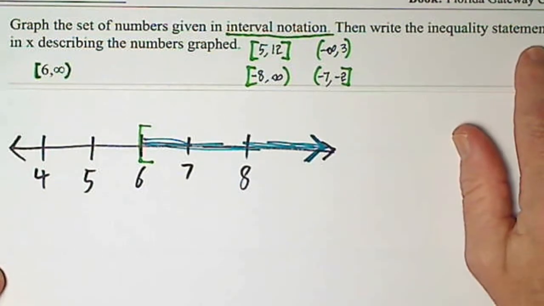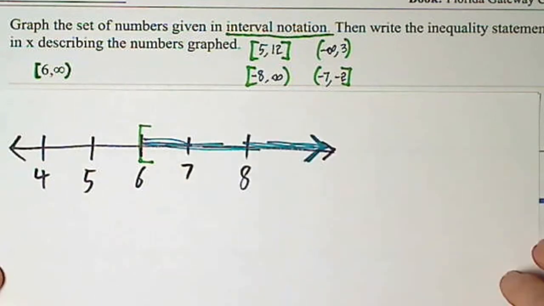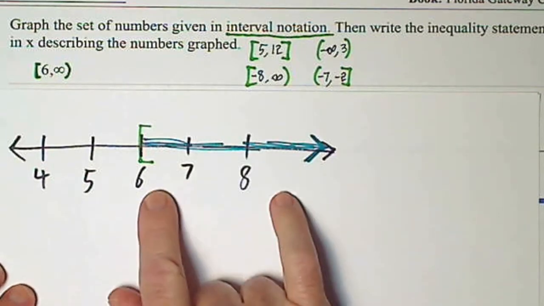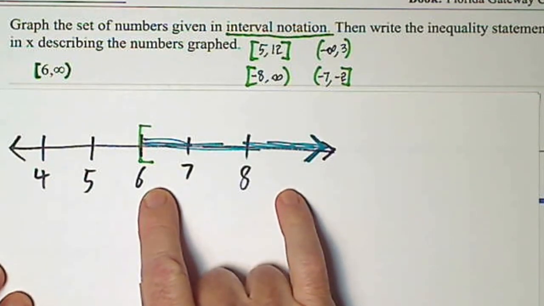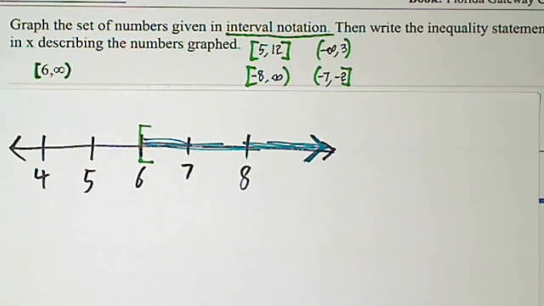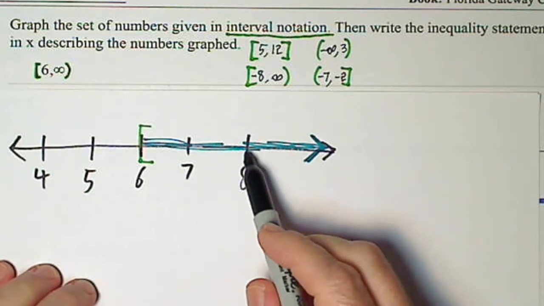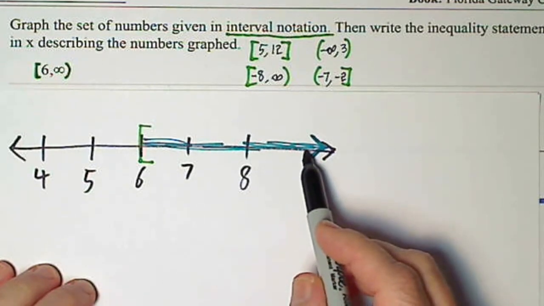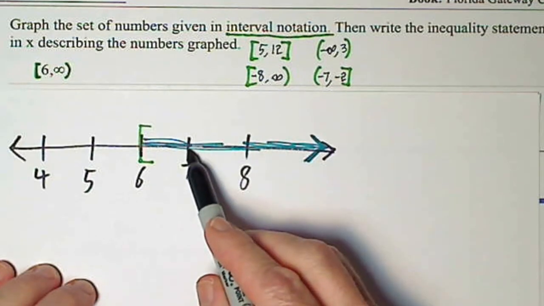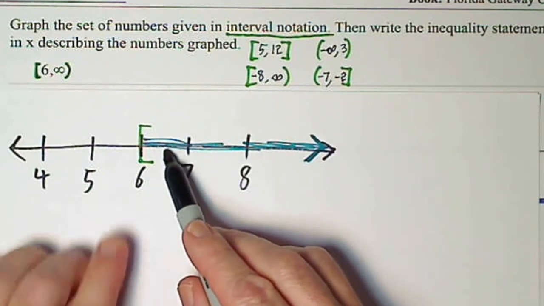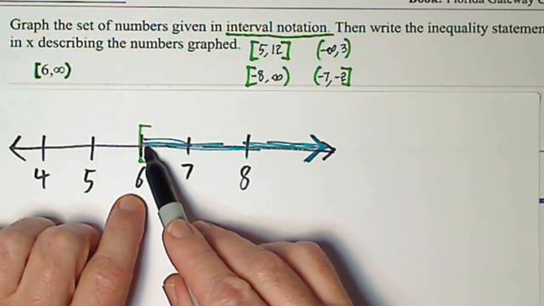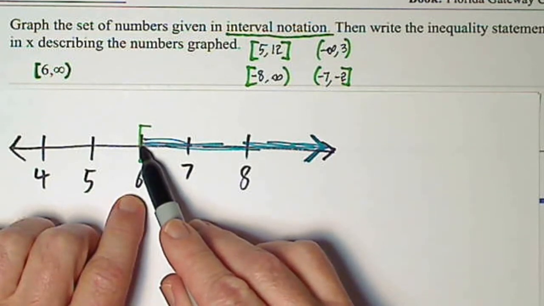Then write the inequality statement in X. If you already have this, this might be a good step here, because it might be a little easier to understand what values X can be. X could be 8, X could be 500, X could be 7, it could be 6.5, all the way down even 6.